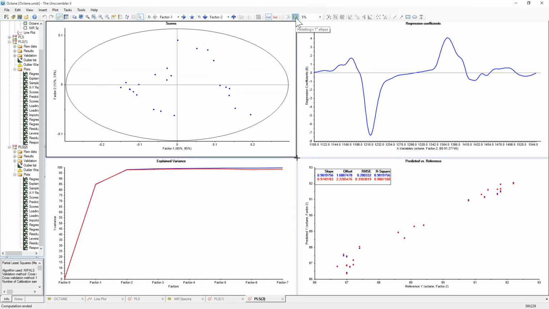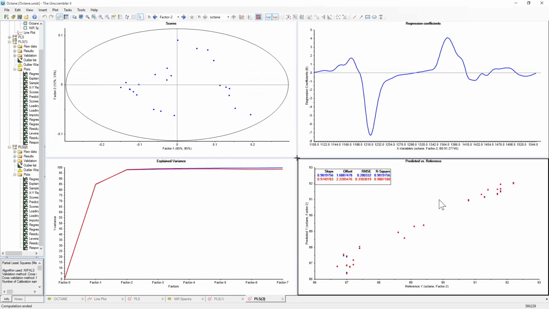We can see in our scores plot that we cover the whole space really well. And in our predicted versus reference, make sure to check, yes, it's a two-factor model. Our statistics are really quite good. We can put our regression line and the target line, and they are almost on top of each other.